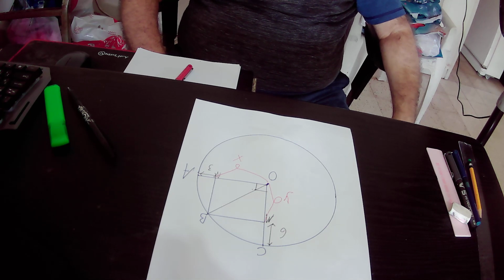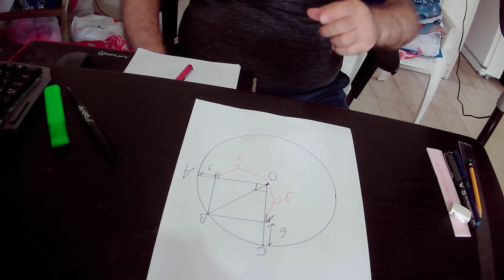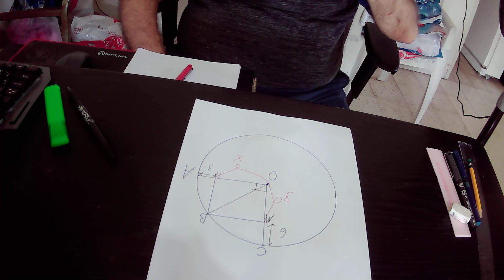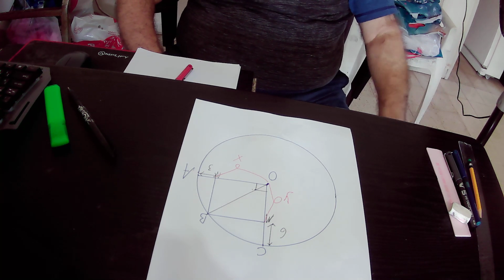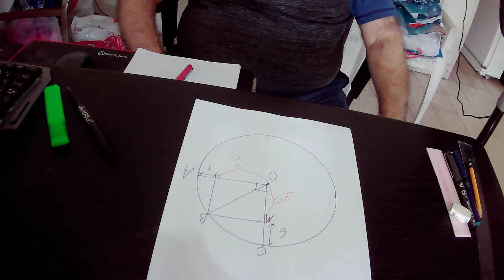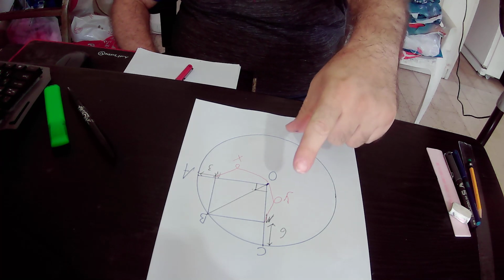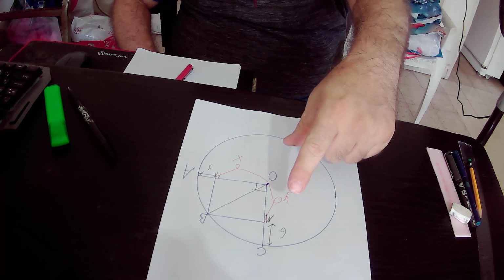The definition of a radius is any line segment that starts from the center of the circle and ends at any point on the circle itself, and line segment OC satisfies the definition of a radius.